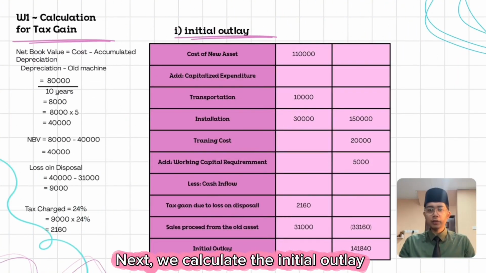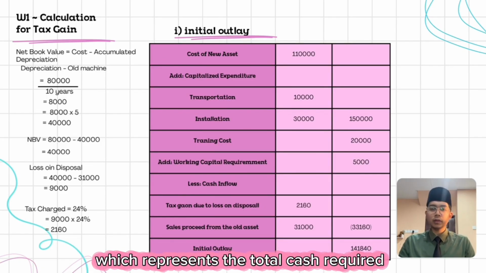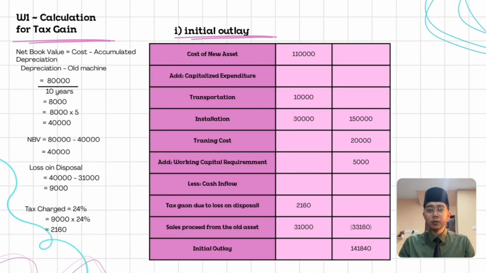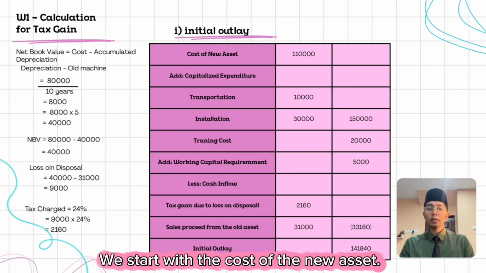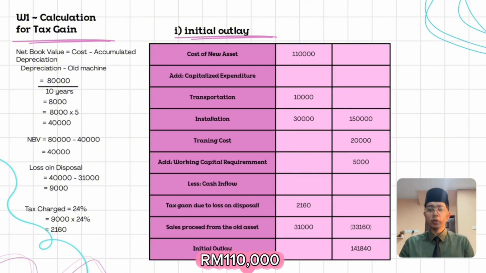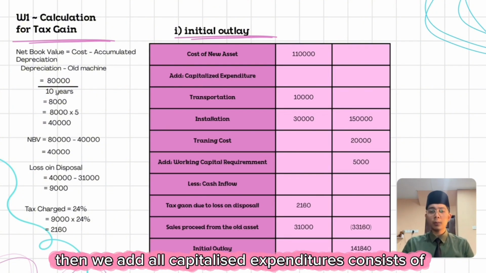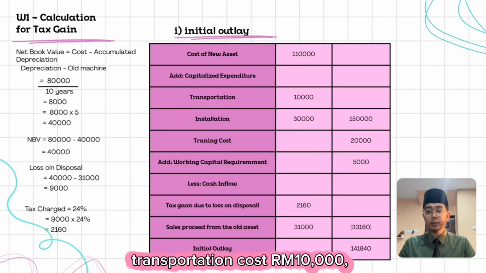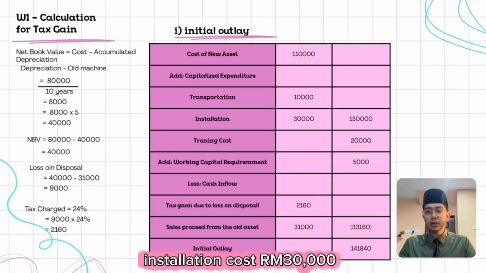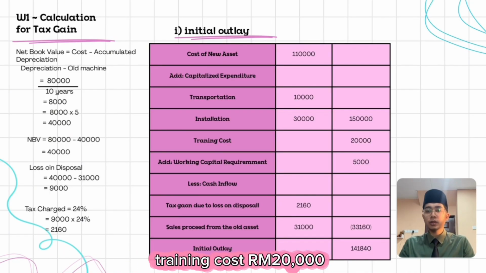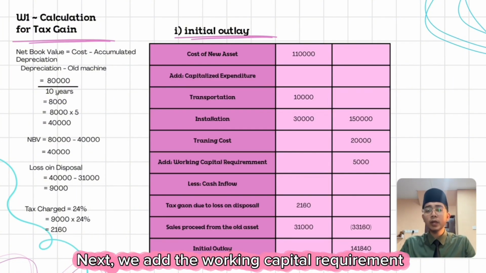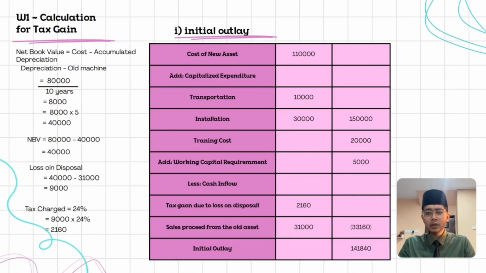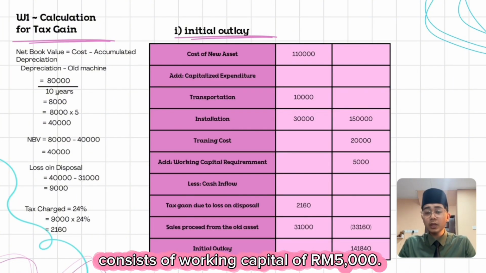Next, we calculate the initial outlay, which represents the total cash required at the beginning of the project. We start with the cost of the new asset. Cost of the new asset is Rm110,000, then we add all capitalized expenditures, consisting of transportation cost Rm10,000, installation cost Rm30,000, and training cost Rm20,000. Next, we add the working capital requirement of Rm5,000.